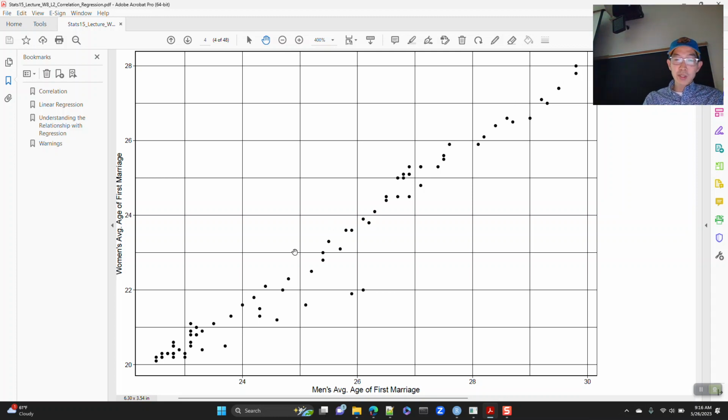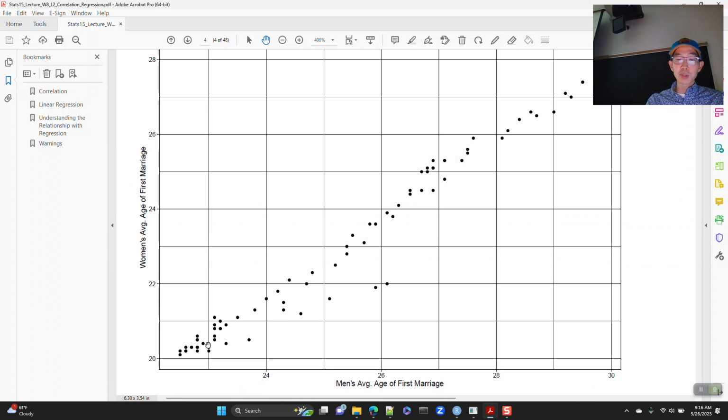In the history of keeping track of this information, there was a time when the men's average age of first marriage was around 23 years or 22 and a half years, okay? And during that time in history, the average age for a first marriage for women was something around 20 years, okay? So this was a time period where people got married at a younger age, right?